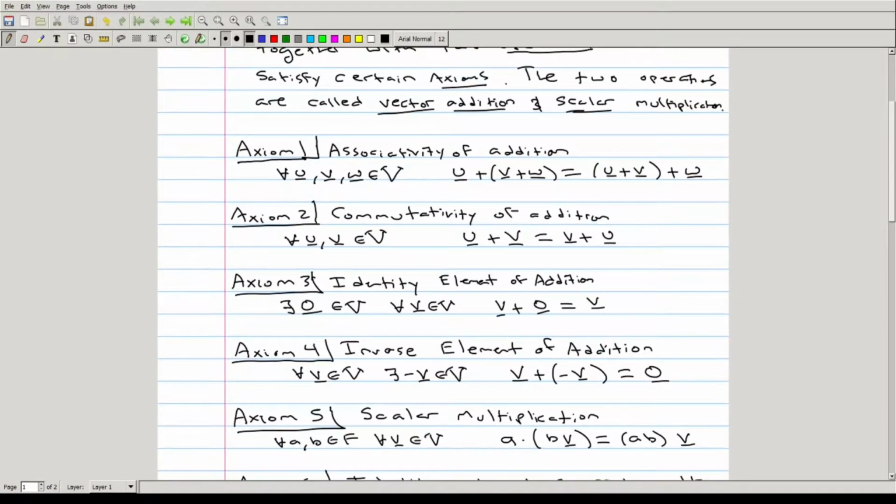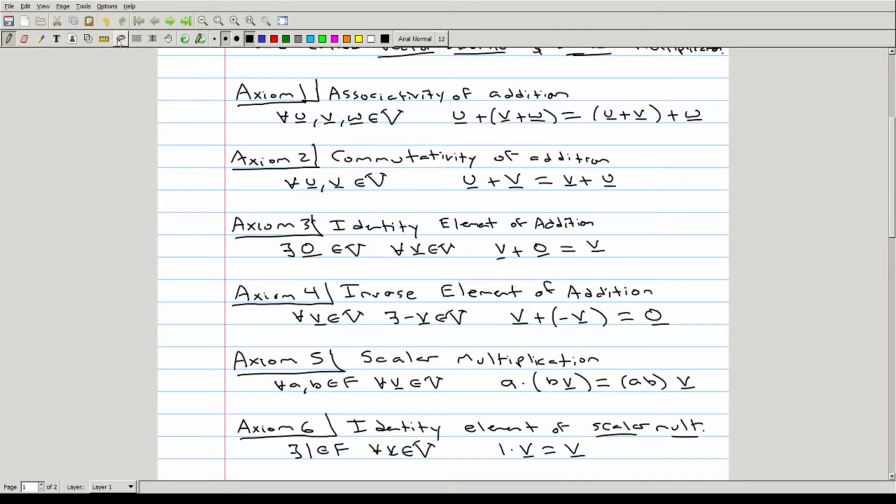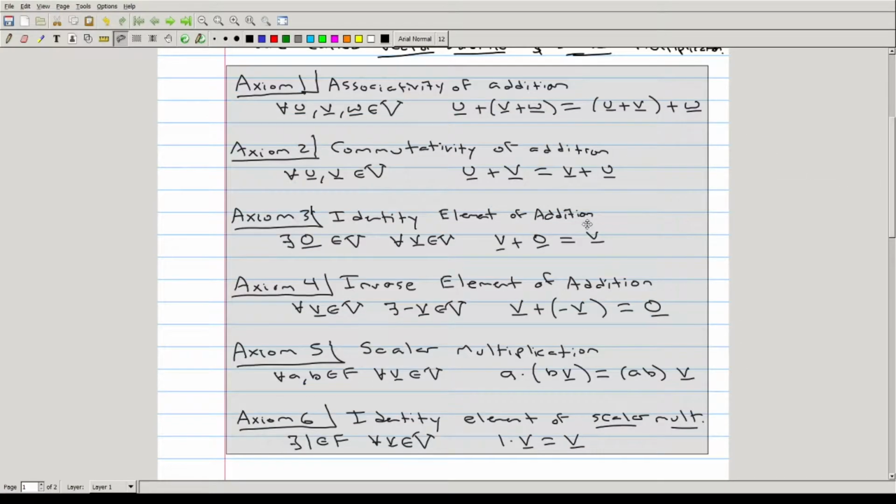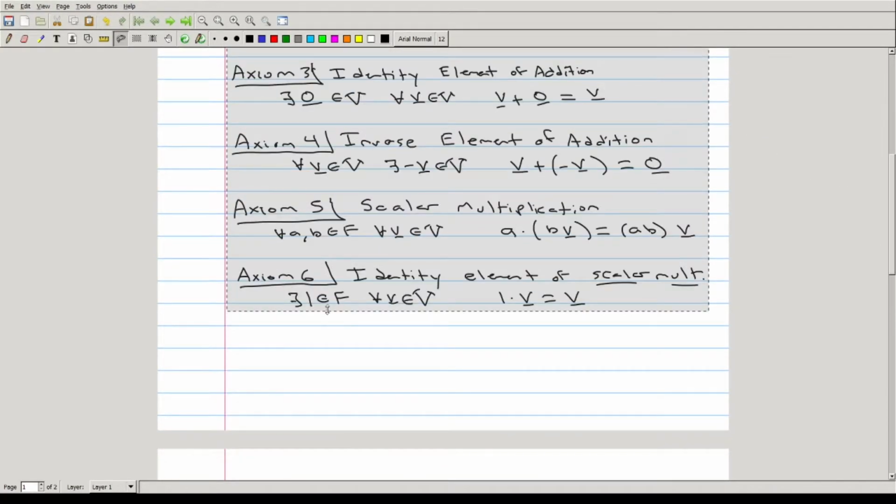And then we have two more axioms. So the last two axioms deal with how vectors behave in relation to addition and multiplication with field elements.